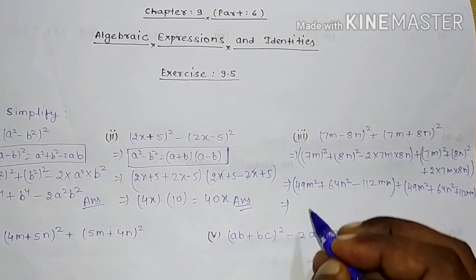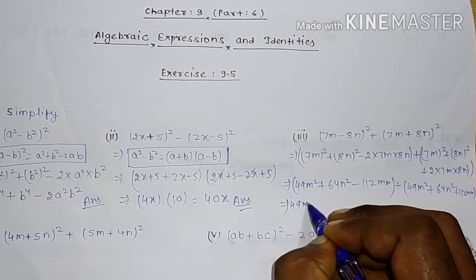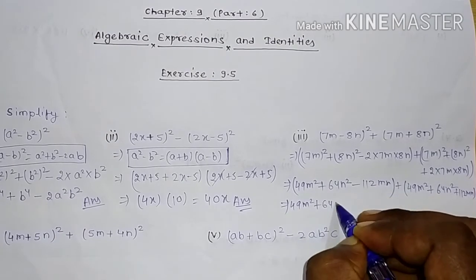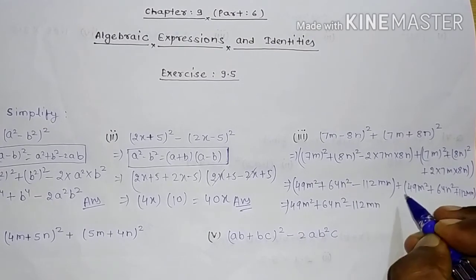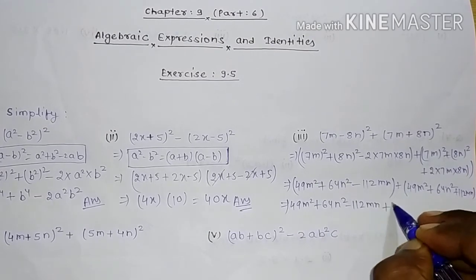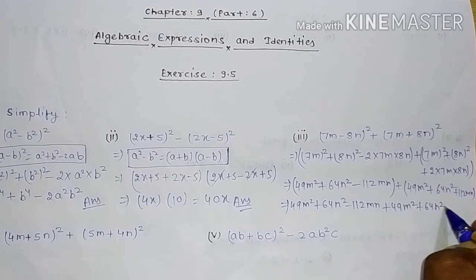So just open the bracket. 49m square plus 64n square minus 112mn, and it will be plus 49m square plus 64n square plus 112mn.